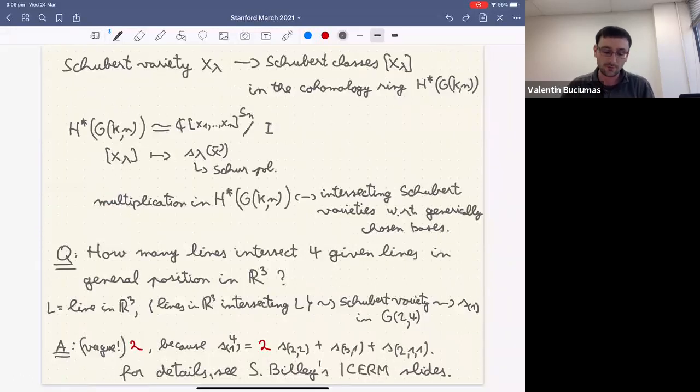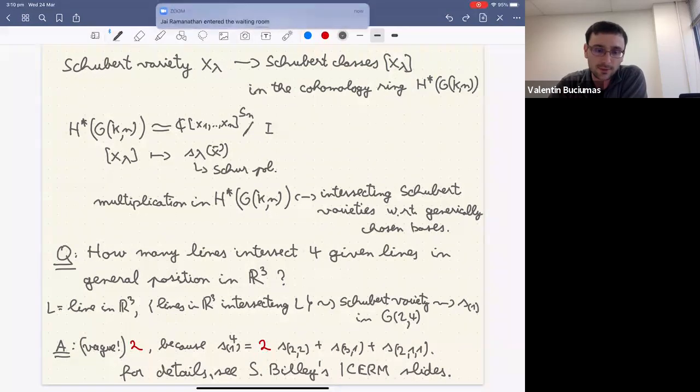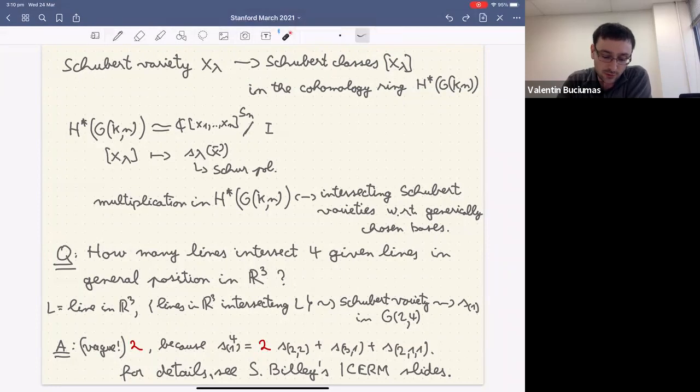Okay, so if X_lambda denotes my Schubert variety, then this will induce Schubert classes in the cohomology ring of the Grassmannian. And one may show that this cohomology ring is isomorphic to a quotient of the space of symmetric polynomials in such a way that these Schubert varieties X_lambda will be mapped to the Schur polynomials s_lambda, which depend on lambda.